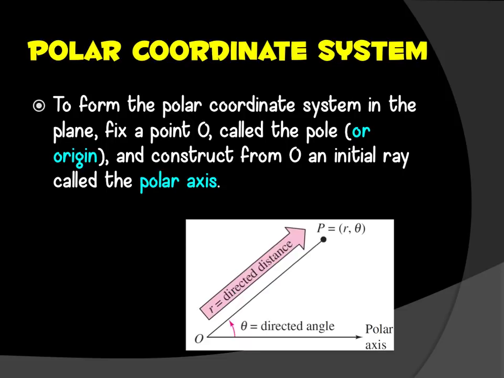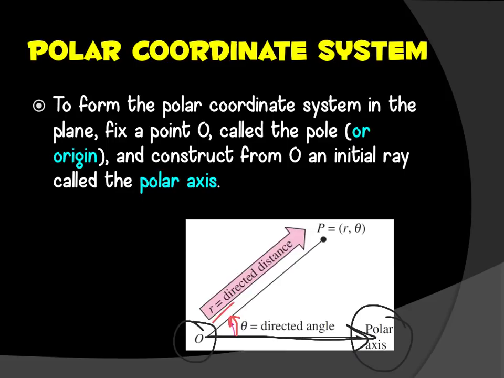And then you construct from O, so from that point, an initial ray called the polar axis. So what's going to happen is our x-axis is now labeled the polar axis. This is now labeled the pole. And then we find a coordinate based on an angle and a length.